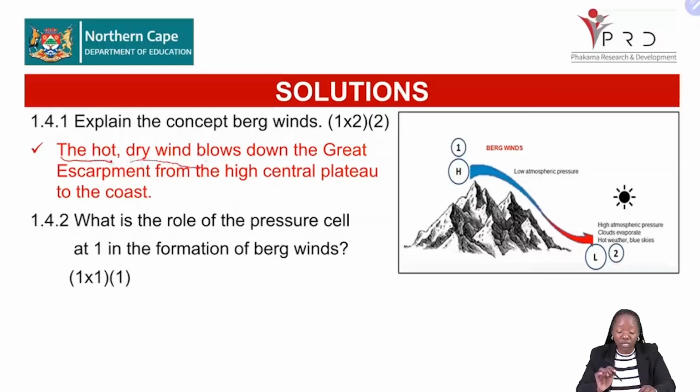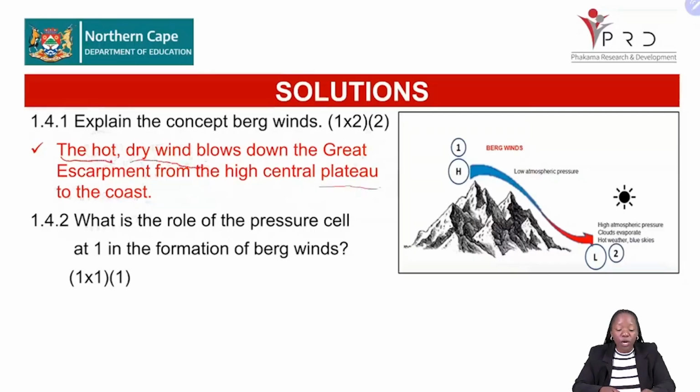They are hot and dry wind blowing down the escarpment from the high central plateau to the coast. So most of all, they are hot and dry, blowing down the escarpment. Where are they coming from? From the high central plateau to the coast.